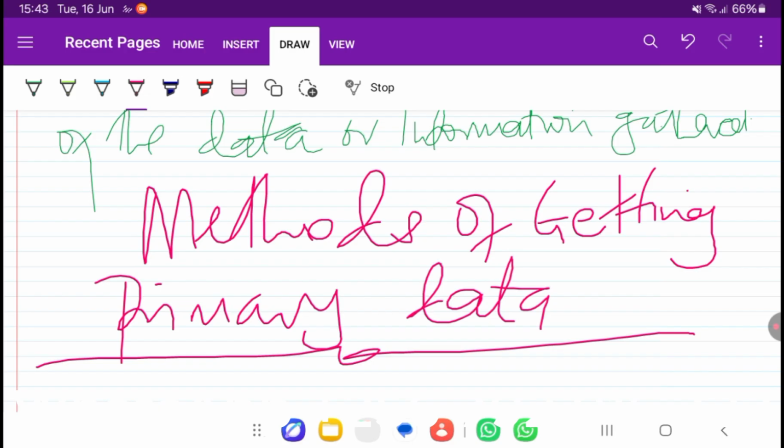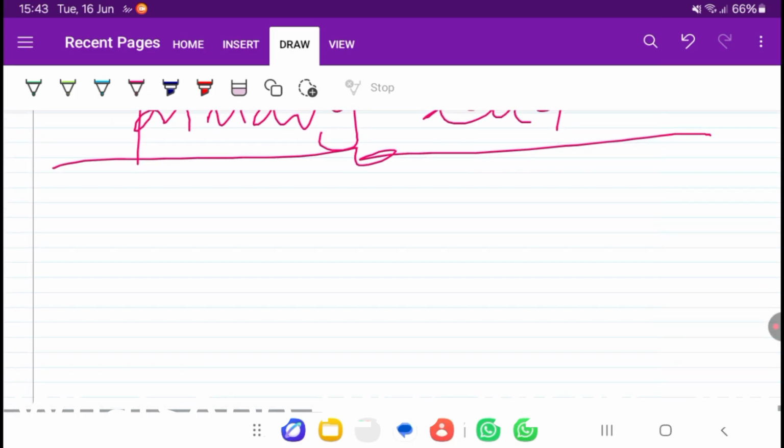Methods of getting primary data. I'm just going to highlight or to list the methods, but we are not going to talk about them. We shall talk about them in the preceding videos.